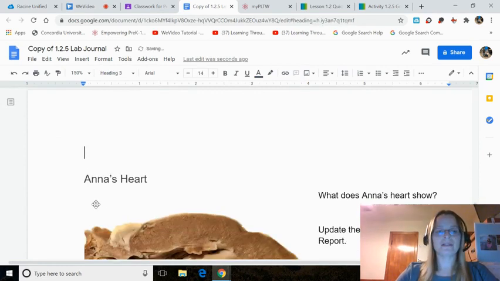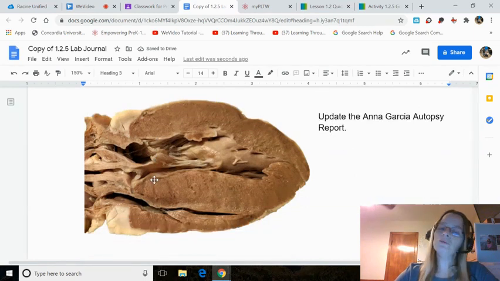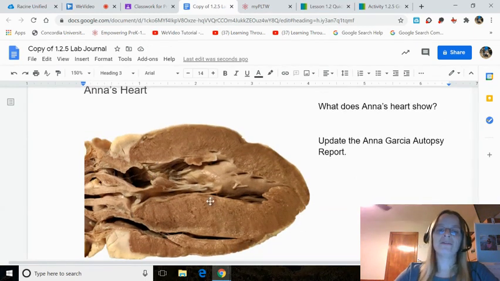Okay, so now let's look at Anna's heart. Here it is. It's beautiful. Look at those chordae tendineae. There they are. The papillary muscles, septum, left ventricle, right ventricle, left atrium, right atrium.